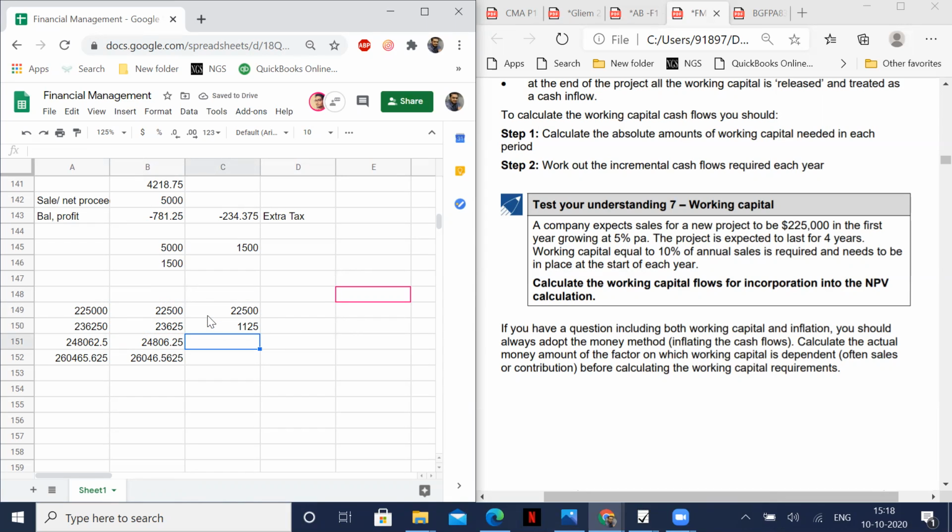In incremental investment, here is equals to this minus this. Sorry, control Z. It is equals to 24,806 minus 1125 minus 22,500. 1181 incremental.